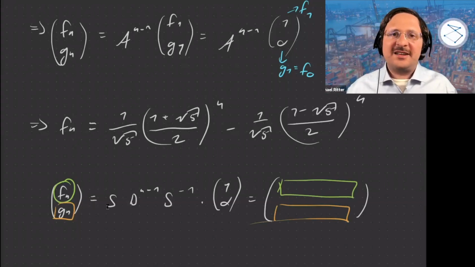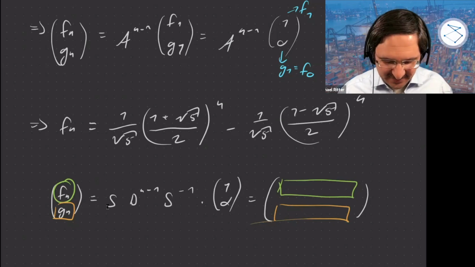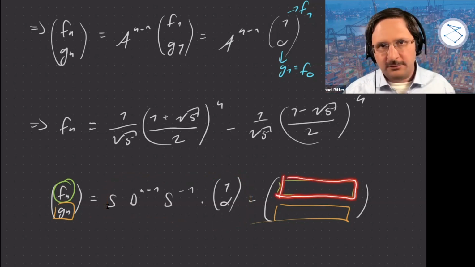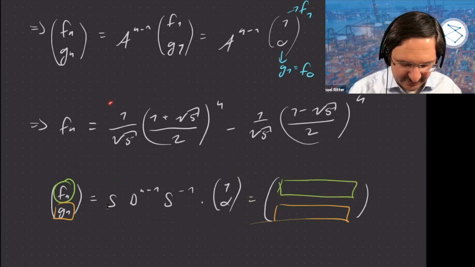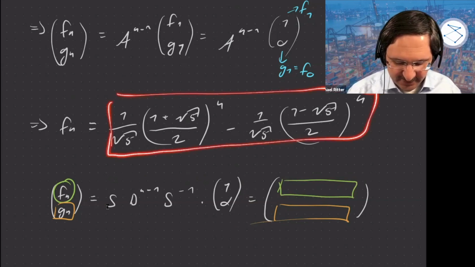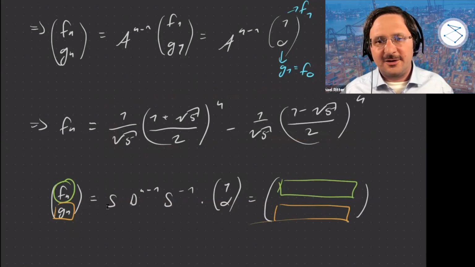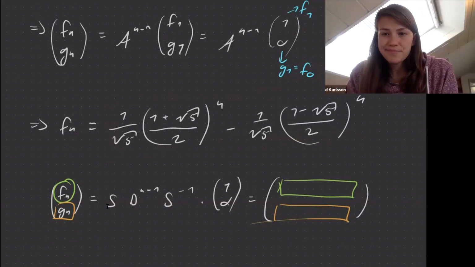I just needed that as an auxiliary construction. So I do this computation, and from the resulting vector, I just take the first row, the first coordinate. And this is, if you go through all the computations, you get this one here. And that's the last question I can see.